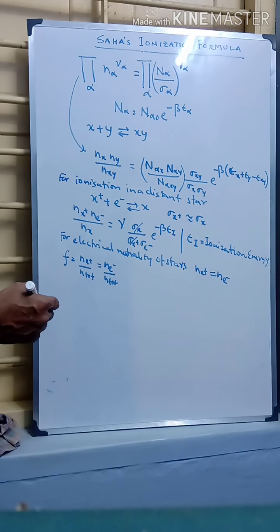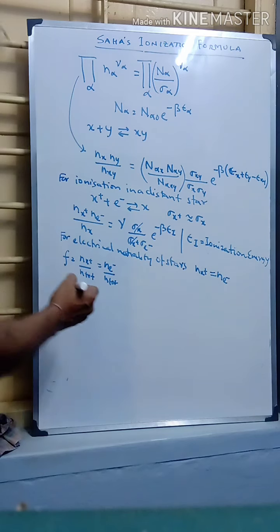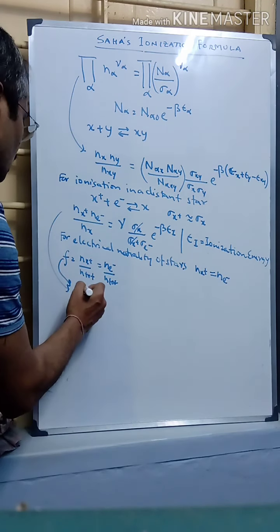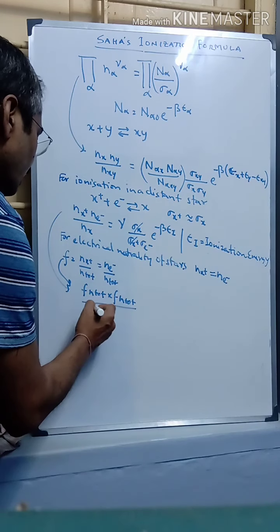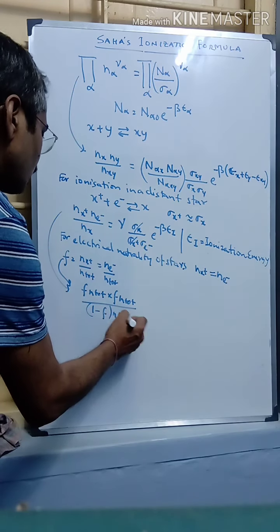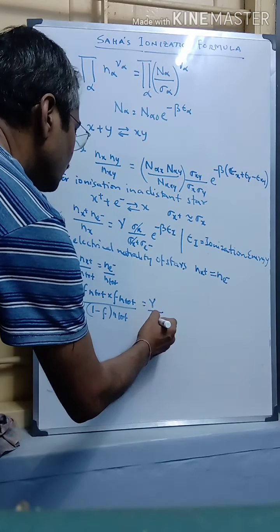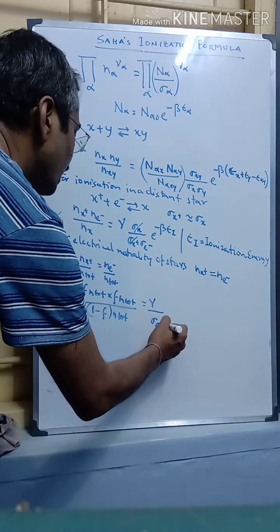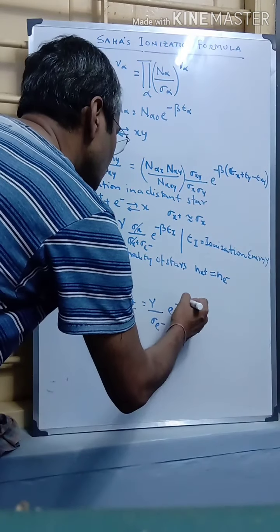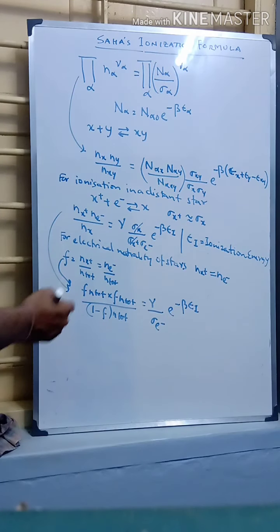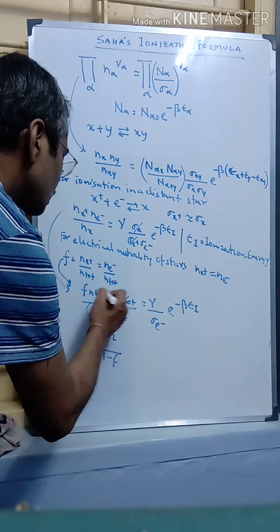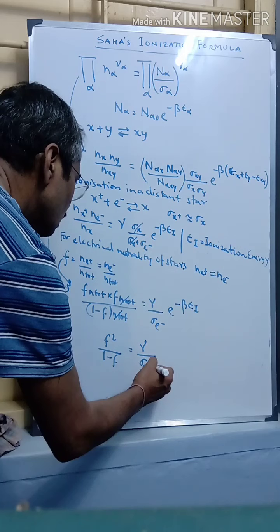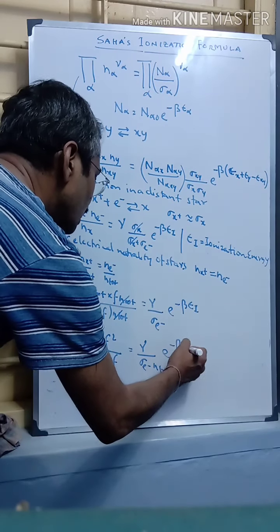Now nx would be equal to 1 minus f, so using this we can write f into n total into f into n total divided by 1 minus f of n total, and that should be equal to gamma by sigma of e minus and e to the power minus of beta epsilon I. And now we can say that f square by 1 minus f, with n total, would be gamma sigma e minus by n total e to the power minus beta epsilon I.